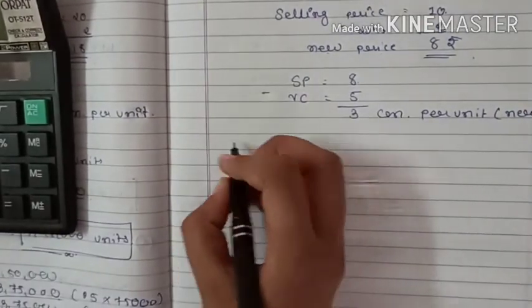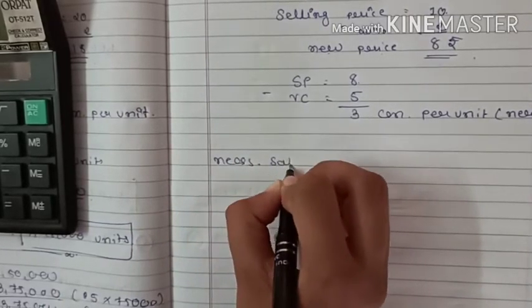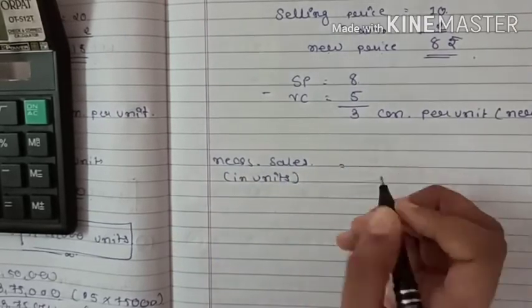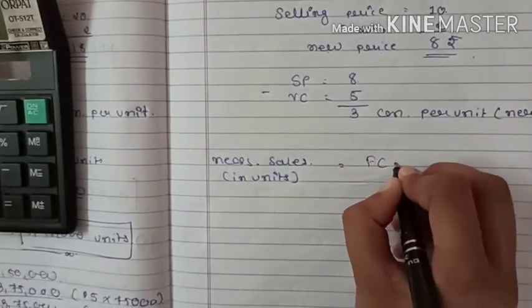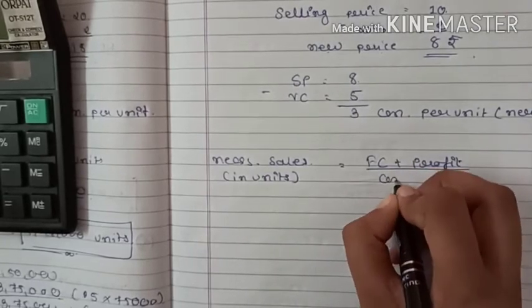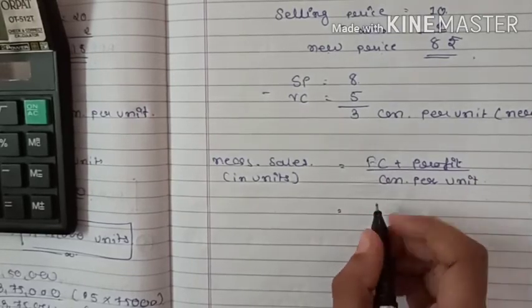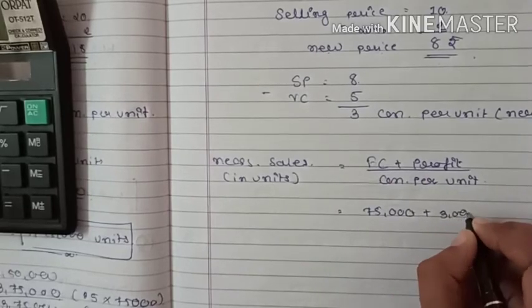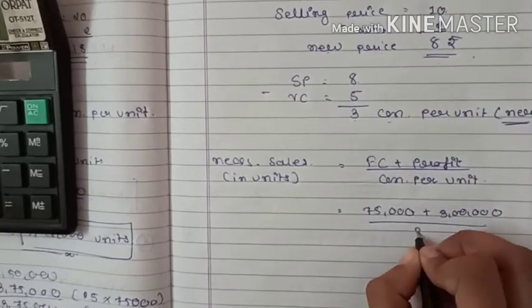Right? Now necessary sales in units. We have to maintain a profit of rupees 3 lakh. So fixed cost plus profit divided by contribution per unit. Fixed cost is 75,000, profit of rupees 3 lakh, and the new contribution per unit will be 3.